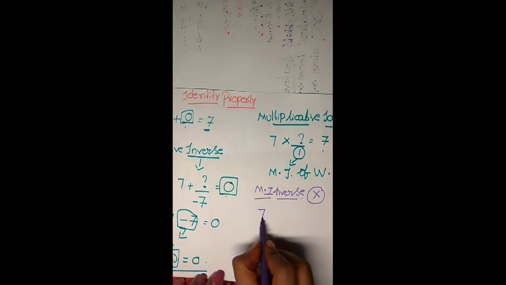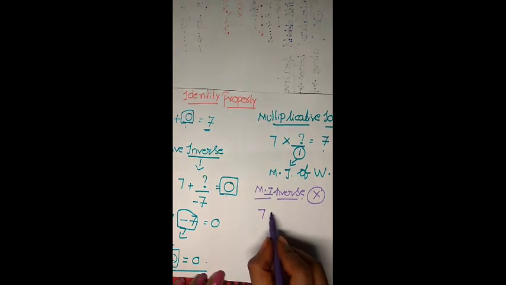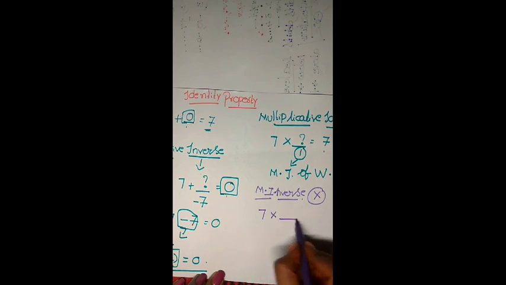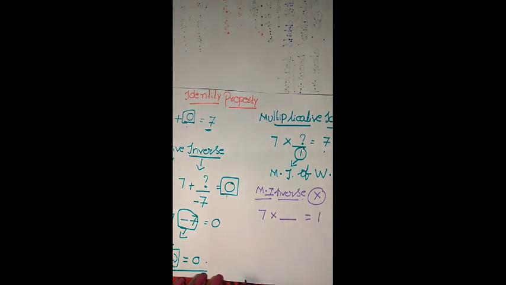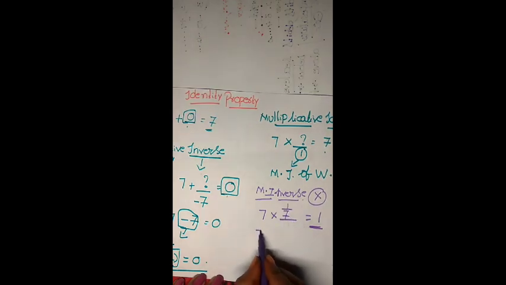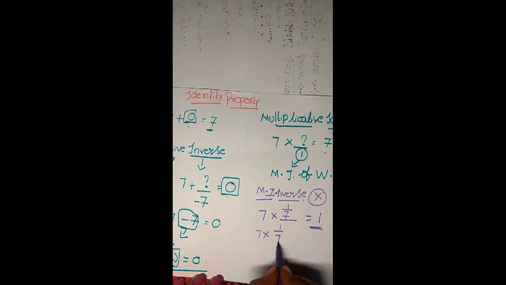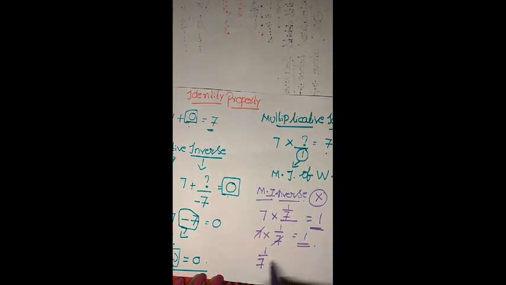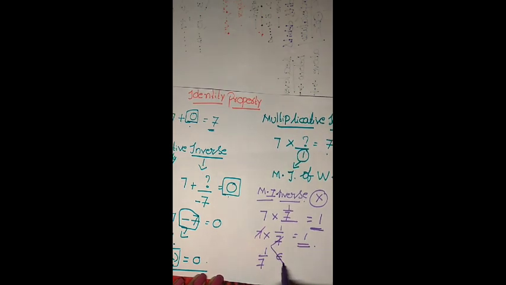Let us see it through an example. Suppose I have taken 7. Why am I taking 7? You can take your own examples, but I am taking 7 so that it will be easy for you to follow all the examples. So which number if you multiply by 7 gives 1? Obviously the inverse. That means the inverse is nothing but the numerator and denominator change.